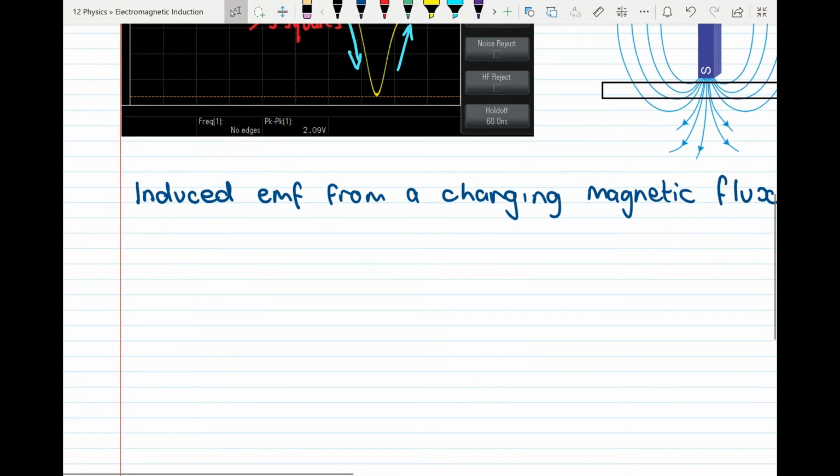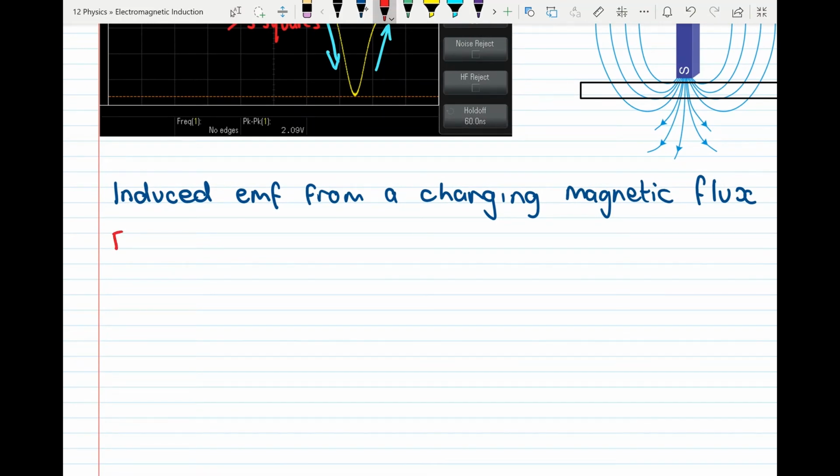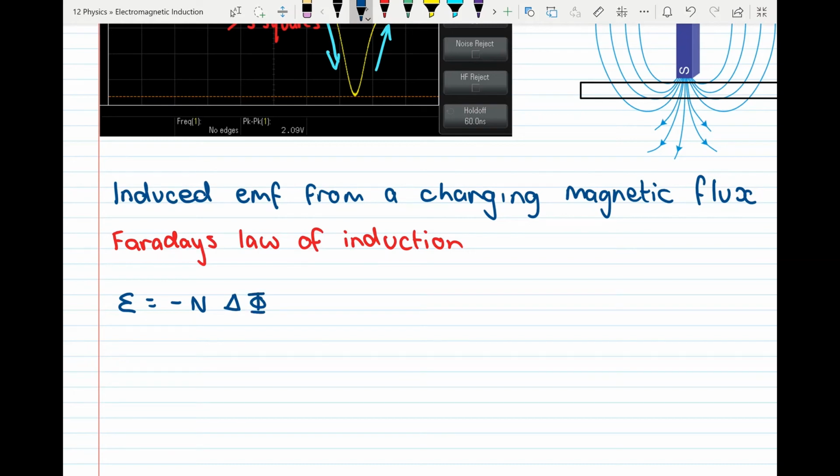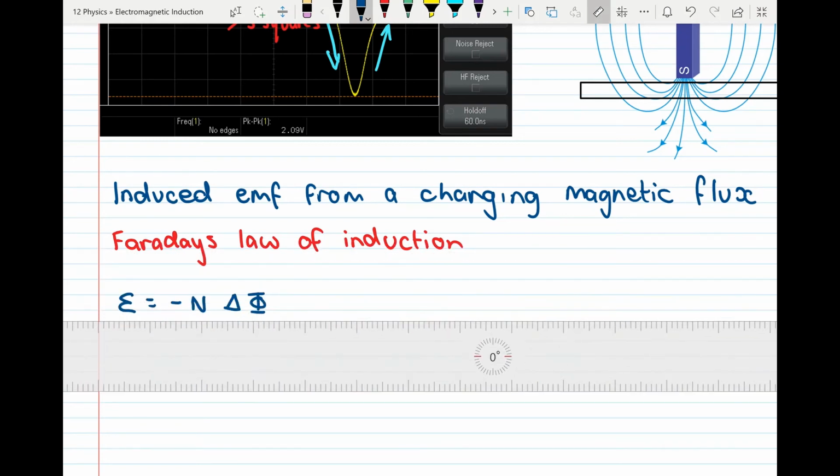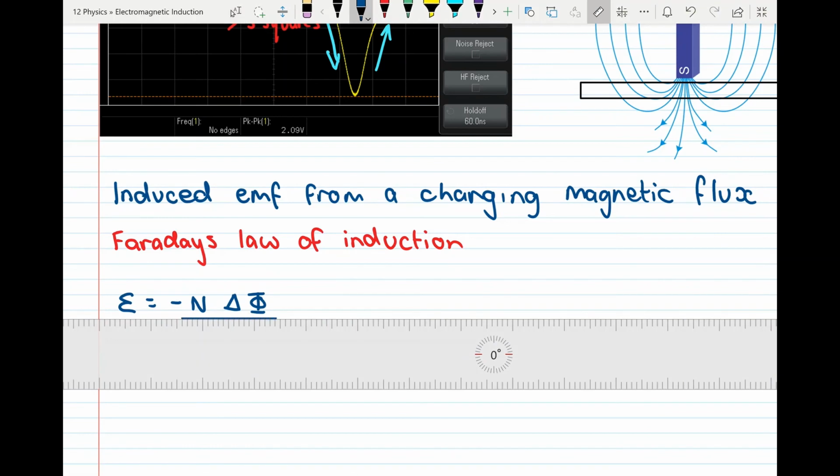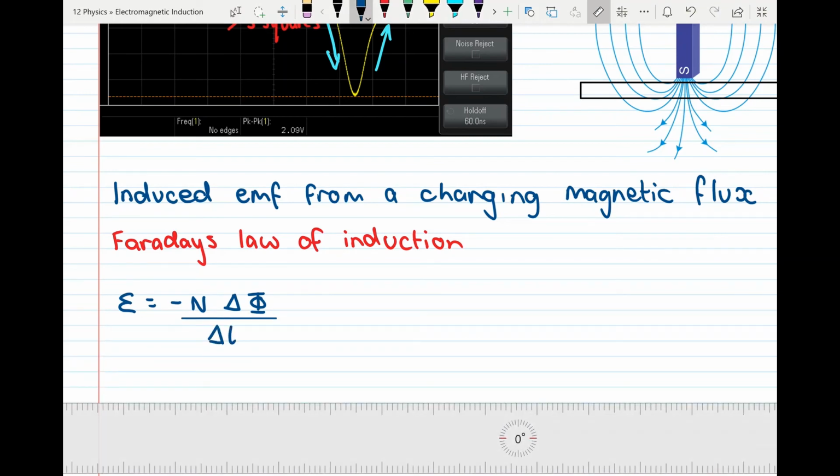This is actually Faraday's law of induction, which is defined by epsilon equals negative N, the number of coils, multiplied by the change in magnetic flux, sometimes there's a B there next to the omega symbol, doesn't really matter too much, divided by the change in time.